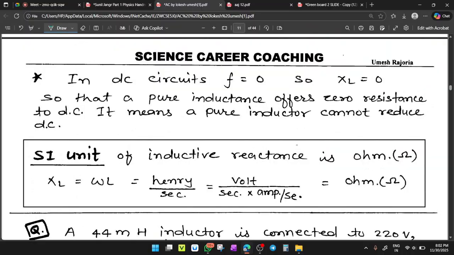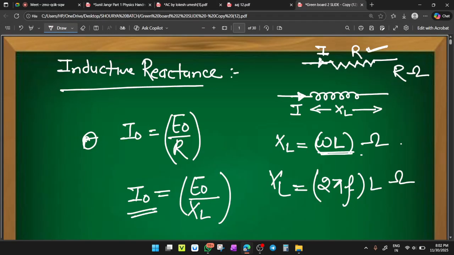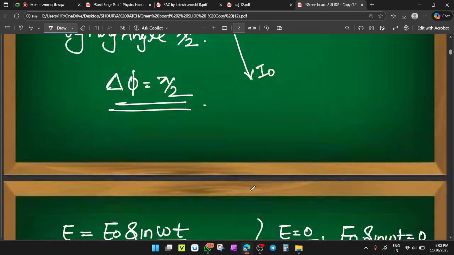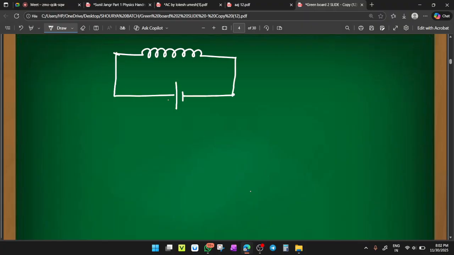Talking about the DC circuit, in the DC supply, F equals 0, the frequency of the DC supply equals 0. If you apply a DC supply across a pure inductor, what response will there be? This is a DC supply having voltage V, with no fluctuation, no ripples, means frequency equals 0.